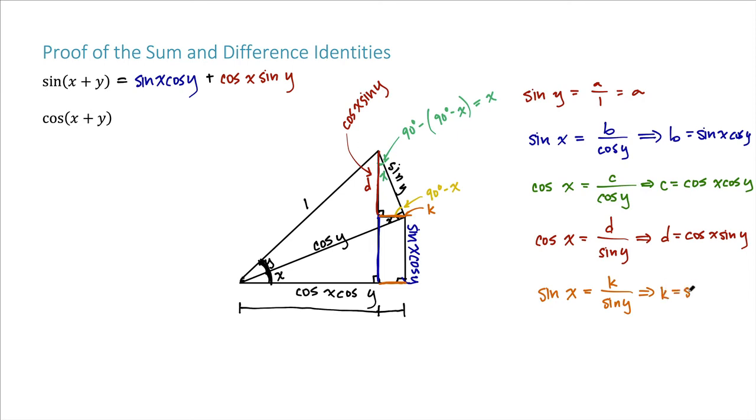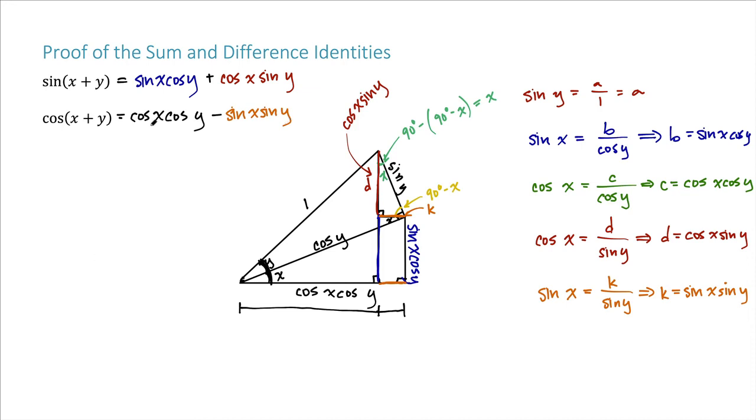So k equals sine of x times sine of y. And now I can write my identity for the cosine of x plus y. The cosine of x plus y, that's the adjacent of this side that has a hypotenuse of 1, which is the full length cosine of x cosine of y minus this shorter length, which was the sine of x sine of y.